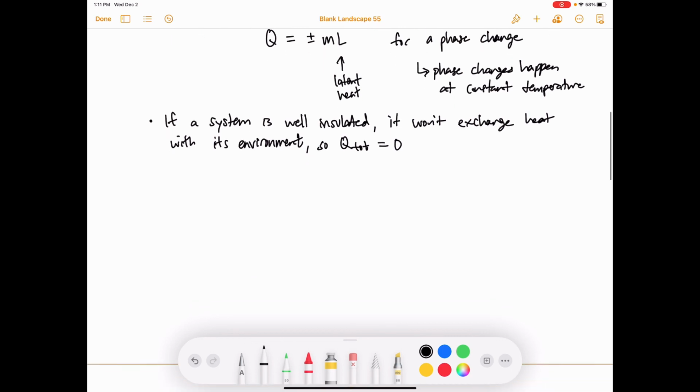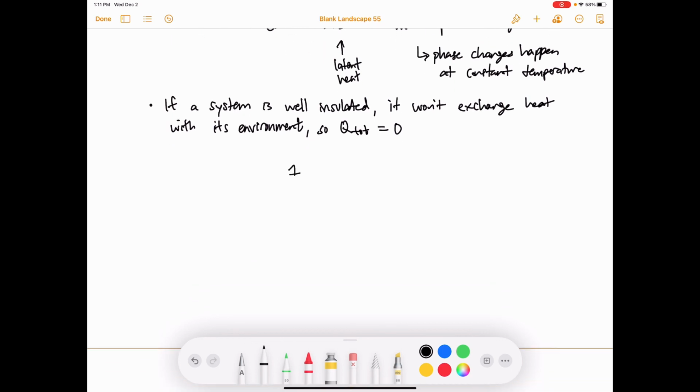So just to sketch out an example, let's say we have two objects, 1 and 2. And if that's our entire system, when we say Q total is equal to 0, we just mean no heat flows in or out of the system.